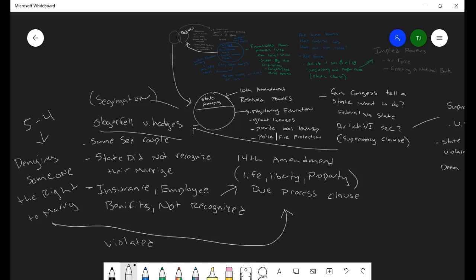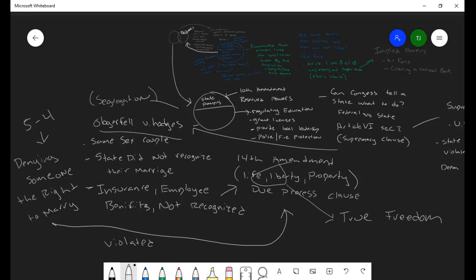Okay, so in Loving v. Virginia, the Supreme Court ruled that this was depriving people of life, liberty, and property, that you should be able to marry whoever you want, right? So to what extent do we define liberty? Liberty is this idea of true freedom, that nobody can really tell you what you can and cannot do.